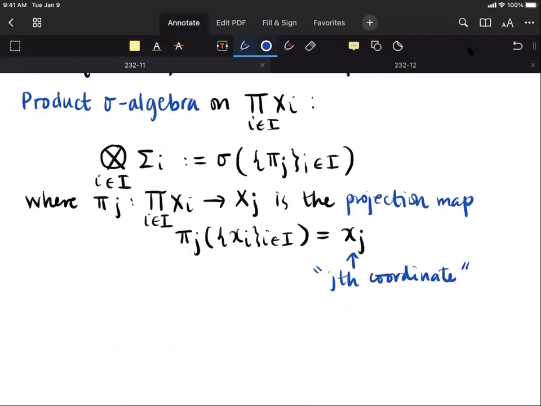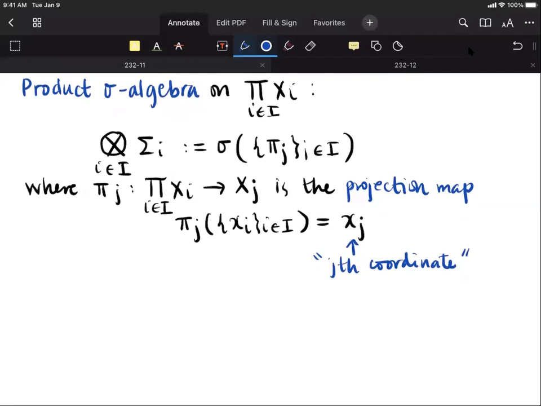So this map is indeed well defined. Again, the product sigma algebra, denoted by this notation, is the initial sigma algebra generated by the projection maps.